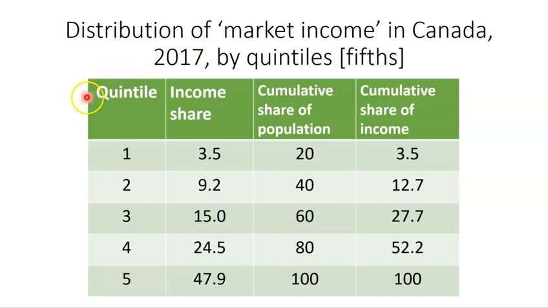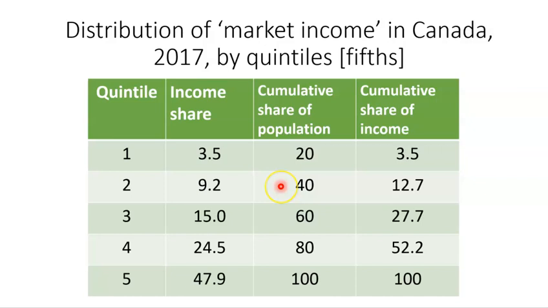So let's just walk through it and see how things look. So this is telling us that the fifth of the population that have the lowest income have 3.5% of total market income. So they're 20% of the population. They have 3.5% of the income. If we look at the next 20%, they have 9.2% of market income.